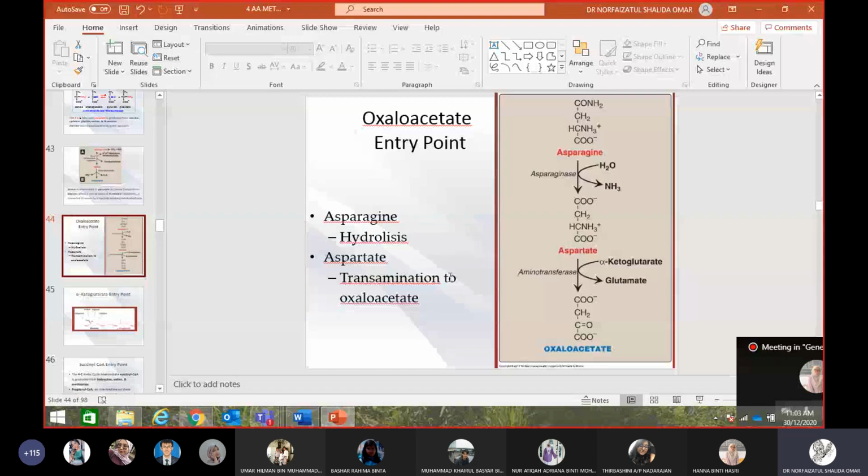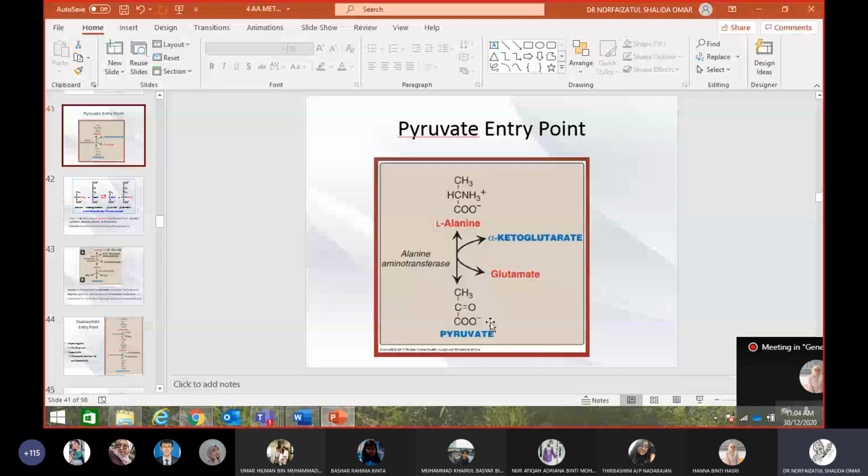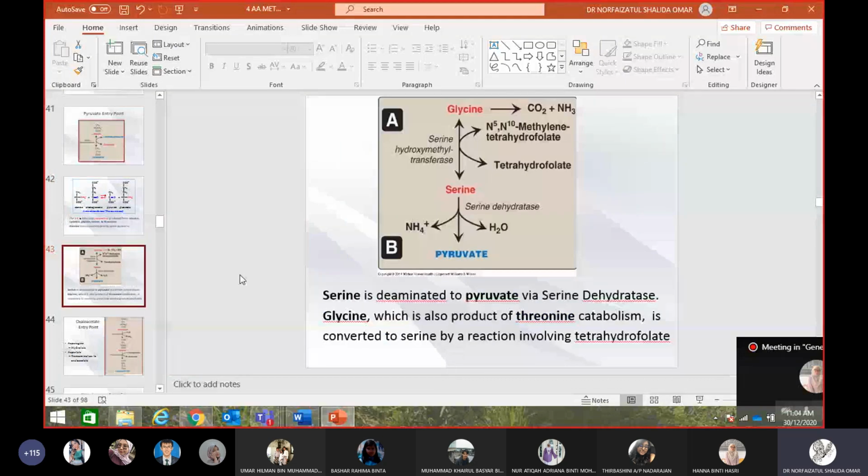Aspartate can be converted to oxaloacetate by transamination. Alanine can also be converted to pyruvate through alanine aminotransferase. Okay, so that's the other reaction, and glycine and serine can also enter as pyruvate. Okay, so I hope you can remember all this.